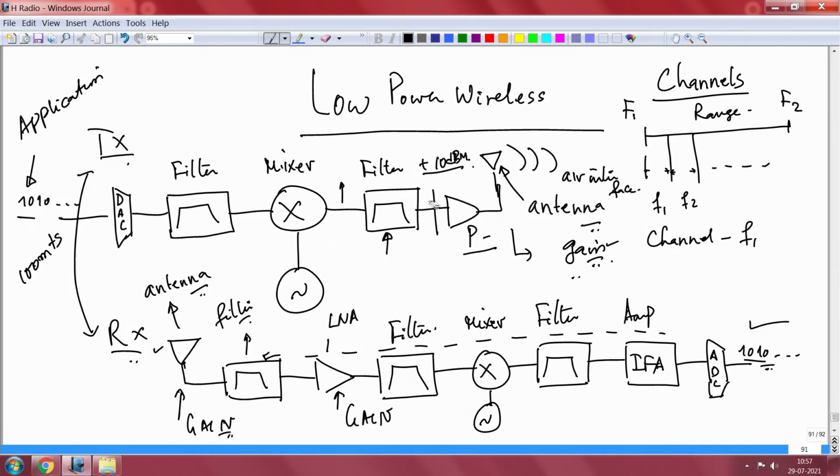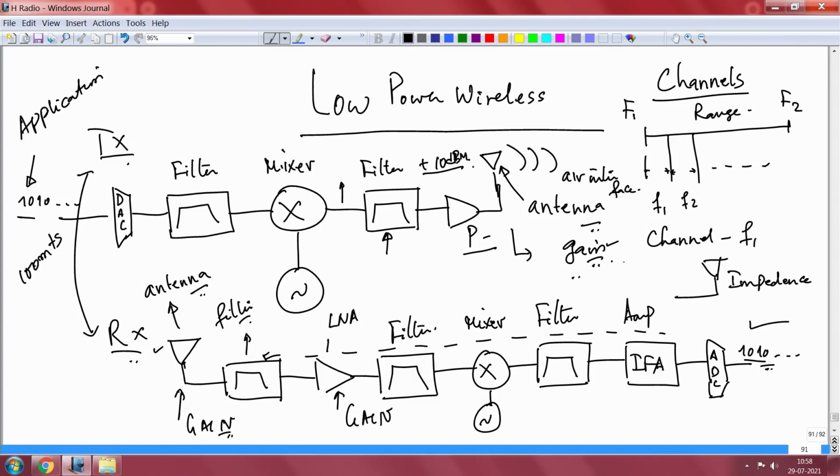Okay. Now, let me remove this. See folks, this is not trivial at all. Why is it not trivial? Because the antenna will have a certain impedance, I will just write it here, impedance.